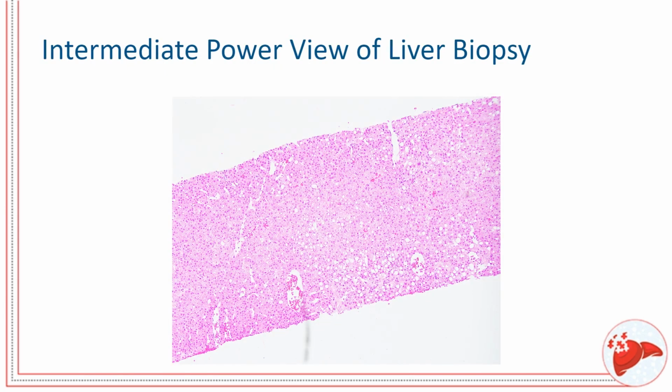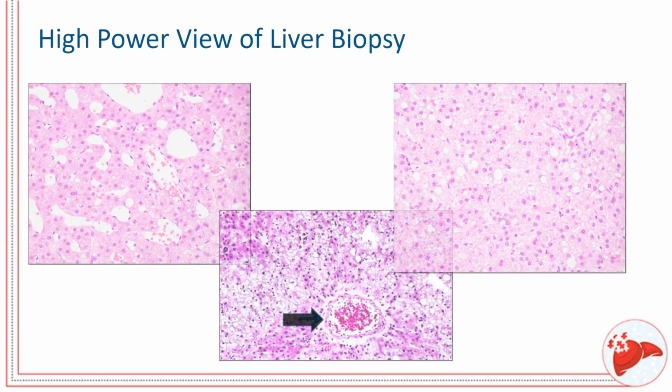The intermediate power view shows the lack of the normal portal tract, which means this is a neoplastic process. High power view shows minimal cytologic atypia. Mild steatosis is appreciated. Some areas show isolated arteries without accompanying bile duct or portal veins.